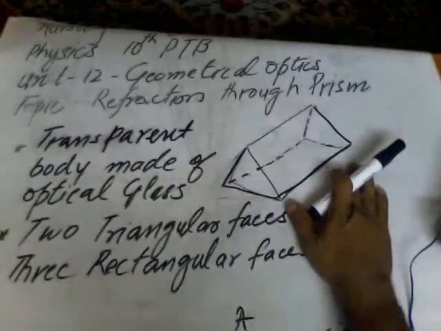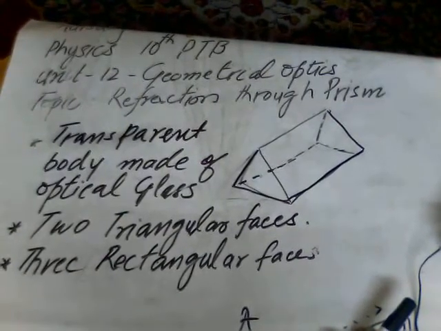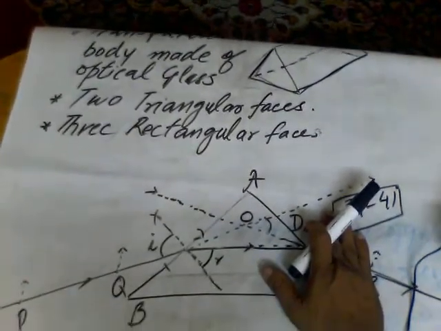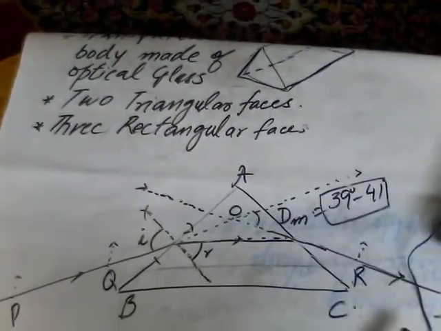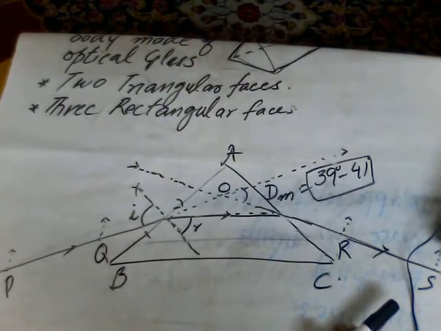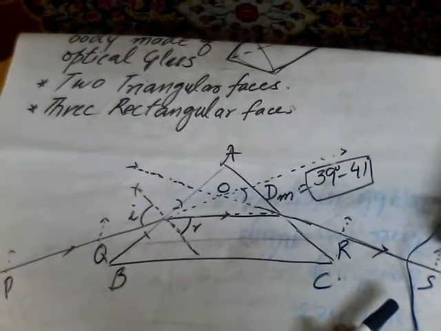We have to study how light refracts through the prism. As we have studied, a prism is a glass object.